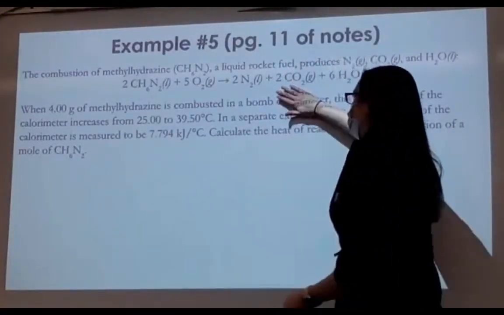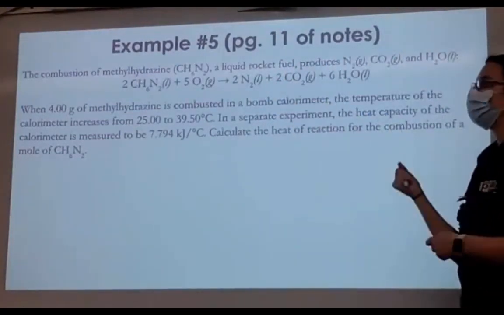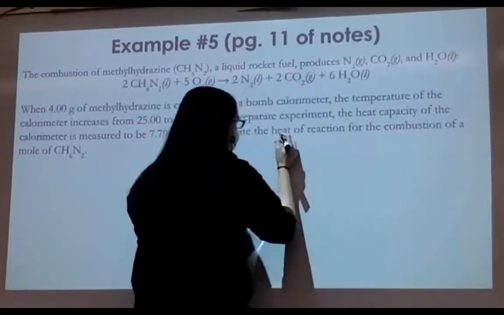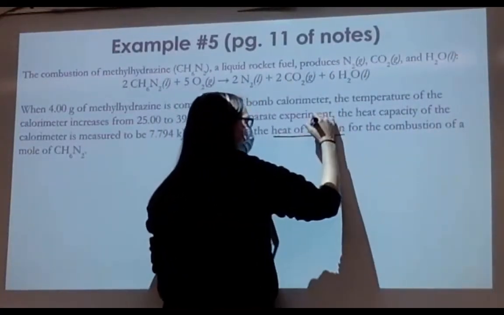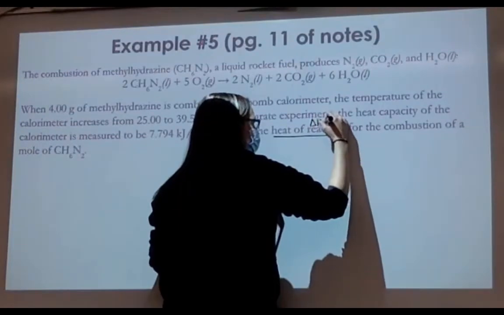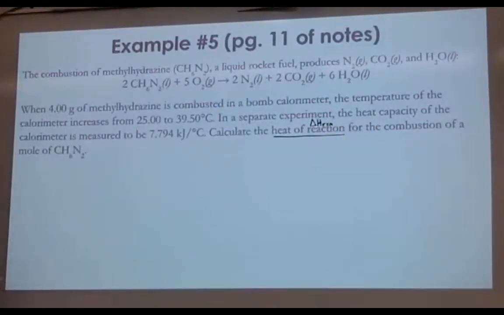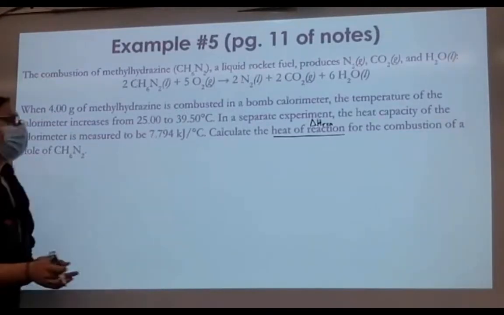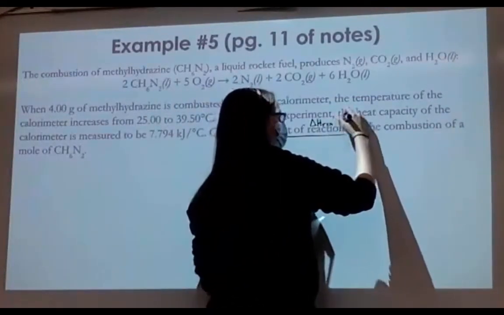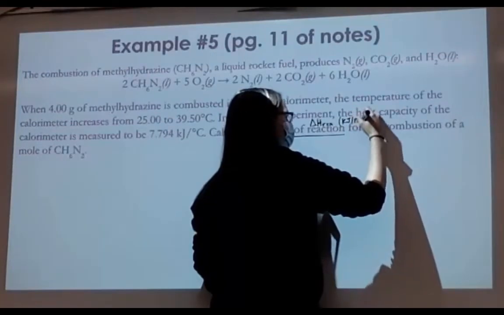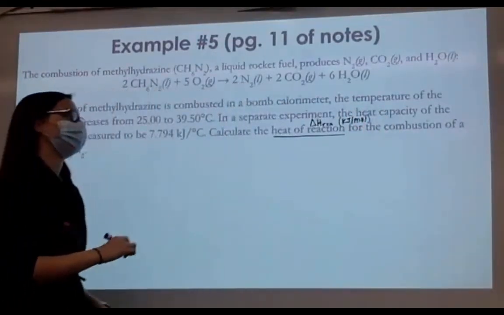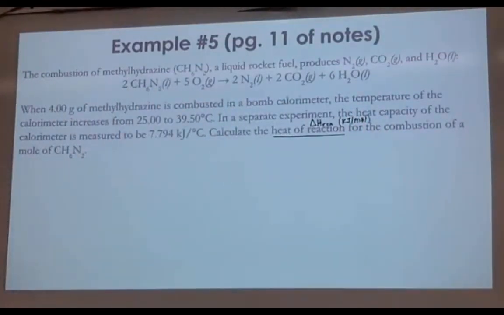So there's a lot to unpack in this problem. First, calculate the heat of reaction. That means we want delta H of reaction. All that means is our answer should be in kilojoules per mole. It's calculated the same way. If it's calorimetry, we're always calculating Q first.